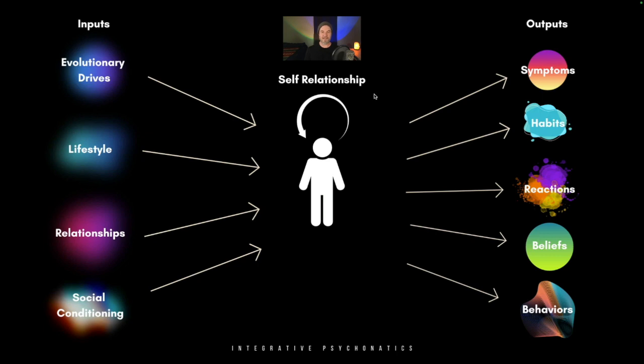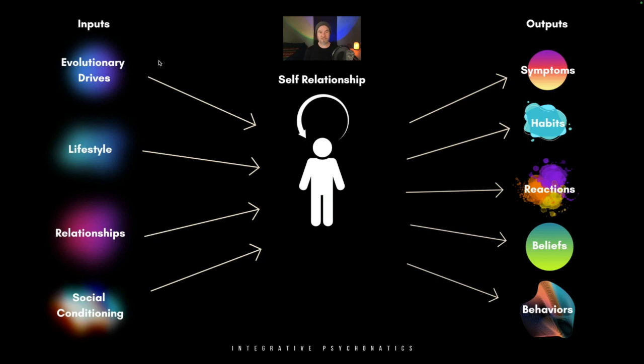And what I found is that when we correct for a bad self-relationship and improve this piece, it's a massive piece of leverage over how you feel and therefore, your behavior and what comes out of you on the other side. So self-relationship is this interesting, complex place where we have a lot of actual control over what we experience.